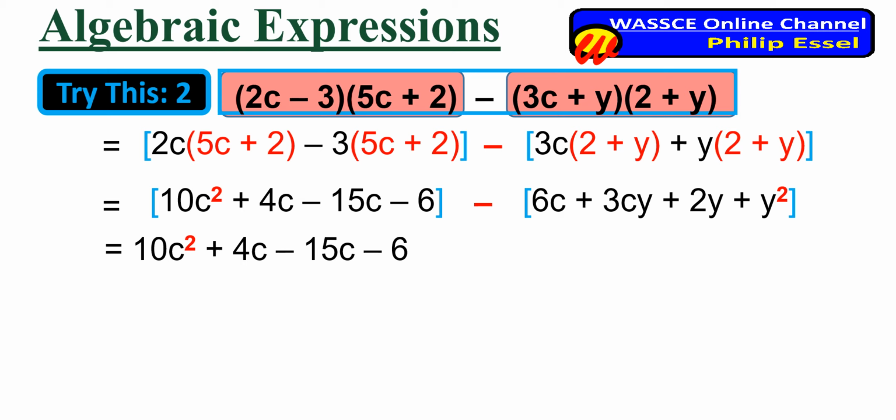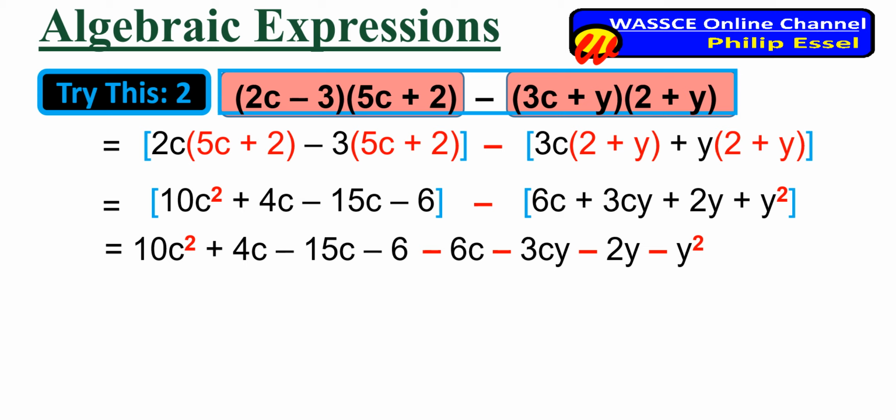The second part of the expression has the negative sign in front of the blue bracket. So that's where the problem would be. We would have to remove the bracket, taking into consideration that negative sign. Remember, that negative sign would multiply each of the terms in that blue bracket. The negative sign would multiply the 6c.